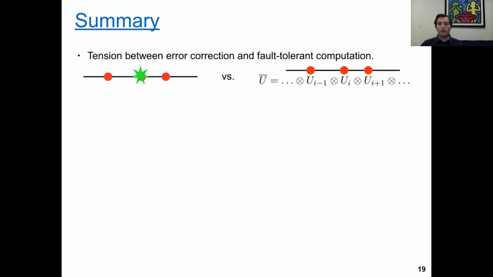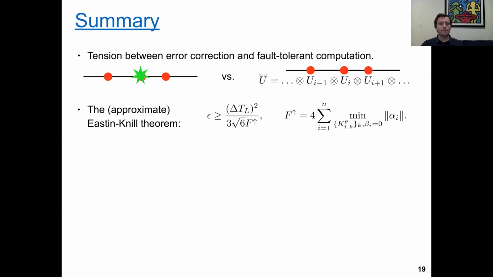This is captured by the no-go result of Eastin-Knill. In the talk, I focused on the setting where we try to circumvent the Eastin-Knill theorem, and we allow for approximate error correction instead of exact error correction.